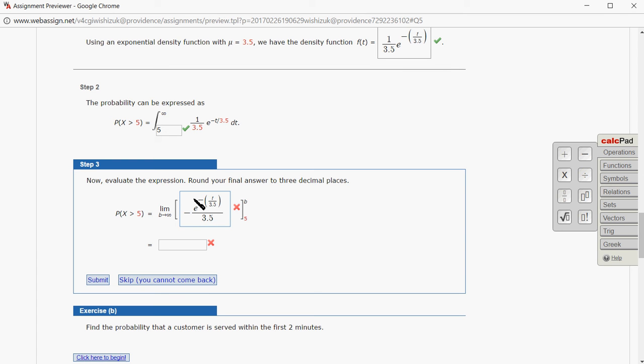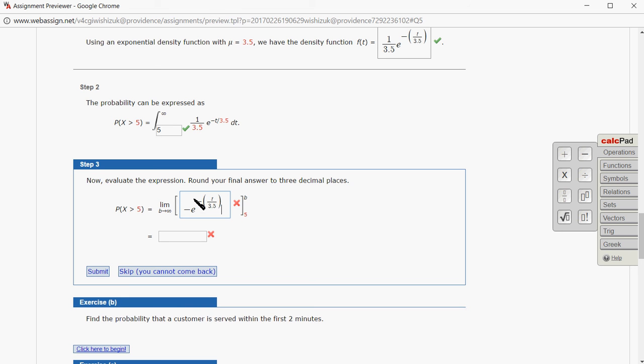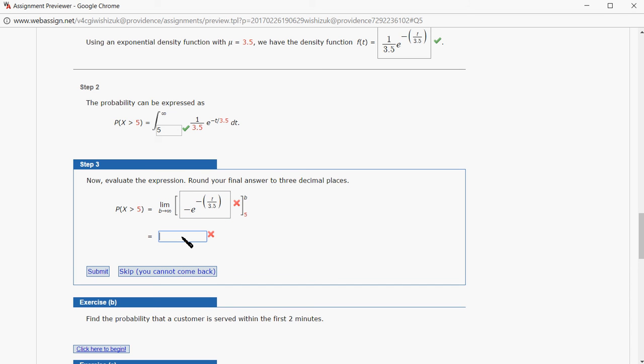The 3.5 cancels out, so you just have negative e to the negative t over 3.5. If you plug in b, and b goes to infinity, that gives you 0. Minus, plug in 5, so it's e to the negative 5 over 3.5.